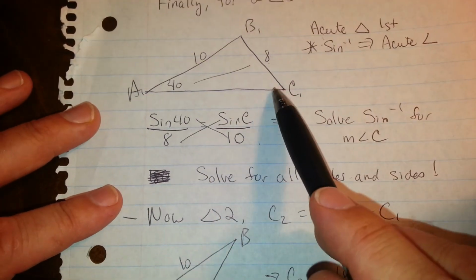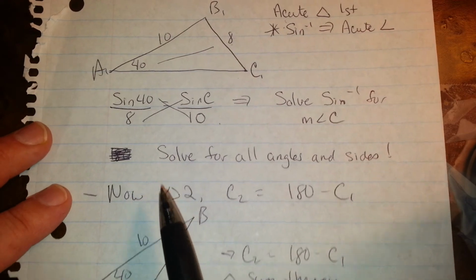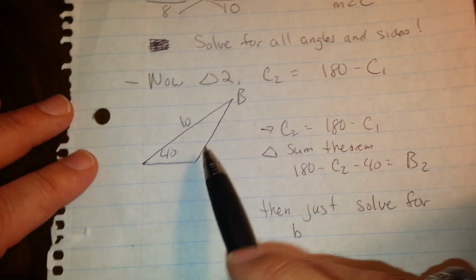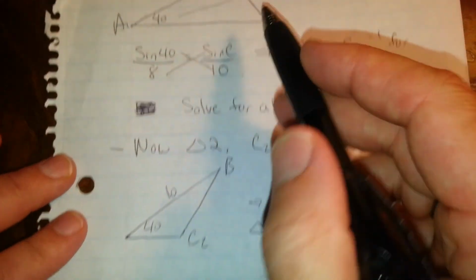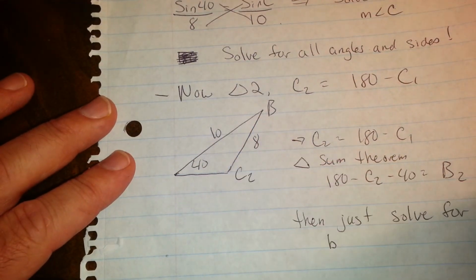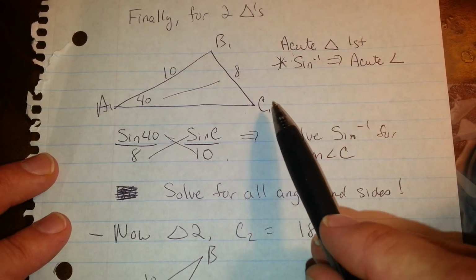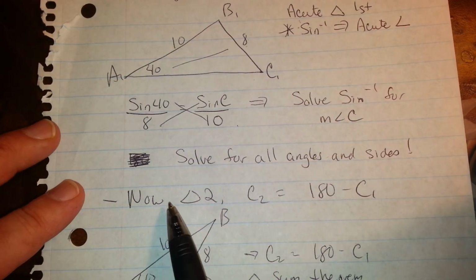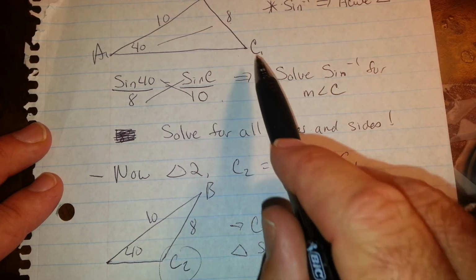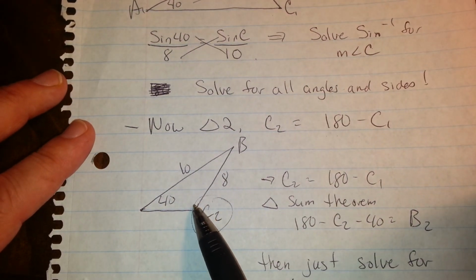All right, so now we've got the first triangle. Remember, on the second triangle, it's going to be obtuse, where this number 8 swings around, and it's over here now. C2, remember, is just 180 minus C1. For triangle 2, C2 is 180 minus C1. So if that's 40, this would be 180 minus 40, 140.